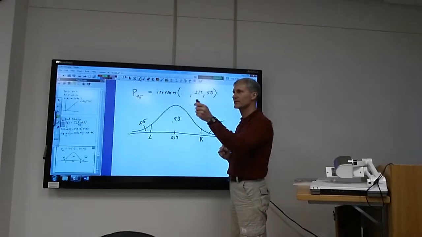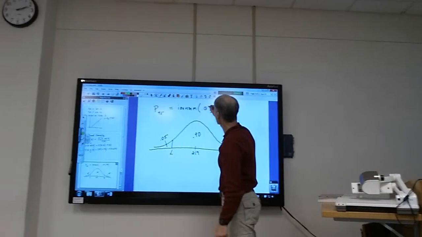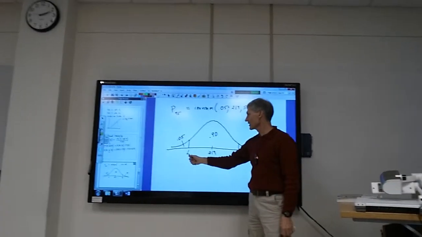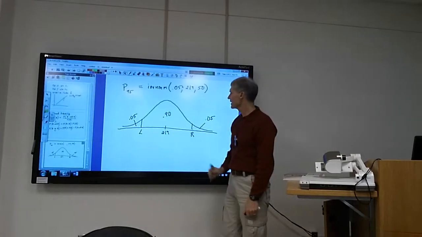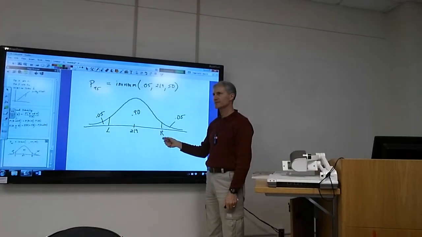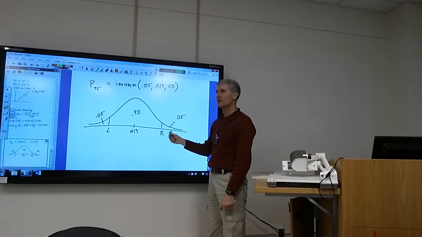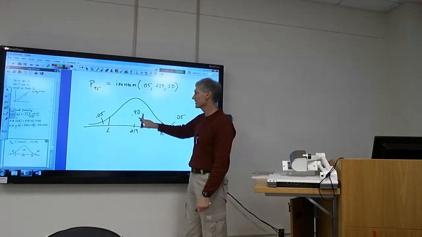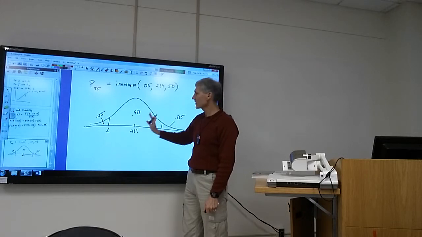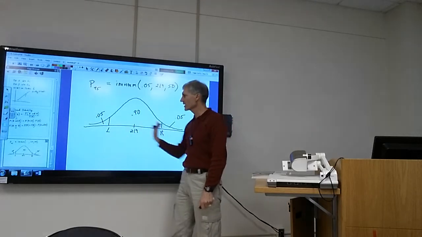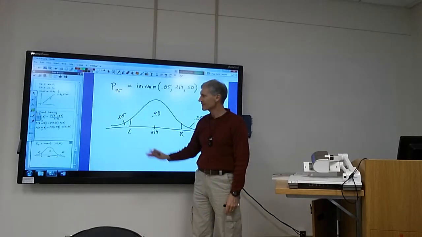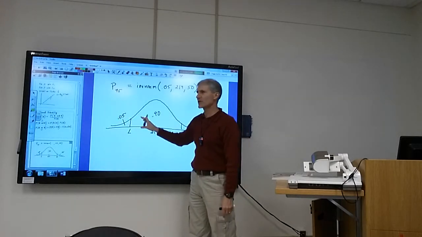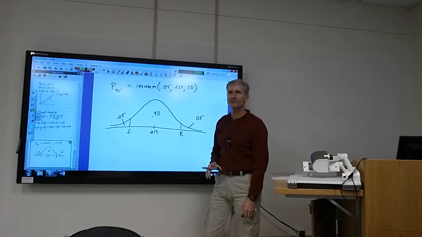What'd you say? 0.05. Area to the left. So the left of my L is 0.05. What would I enter for R? 0.95. The total area to the left. You don't enter 0.9 because that only gets me down to L. I've got to go all the way to negative infinity, or it's cholesterol, so 0, right? So I add those two numbers together. So we're back to the 0.95.